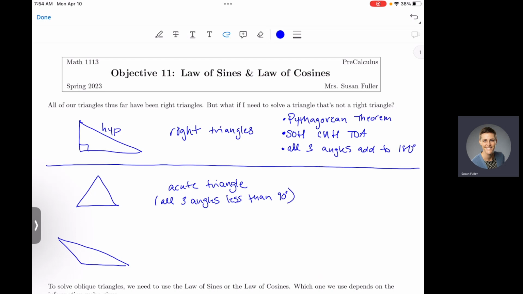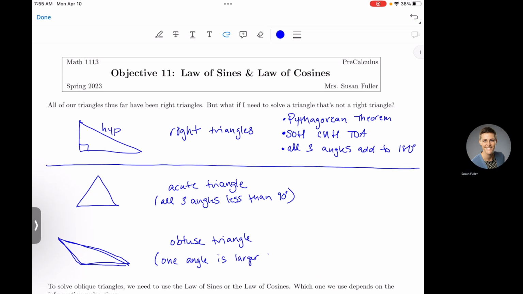All three angles are acute. Something like this down here on the bottom is called an obtuse triangle. We will have an obtuse triangle when one of the angles is obtuse. That means that one of those angles is larger than 90 degrees.